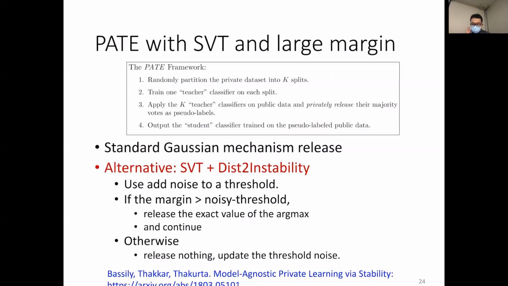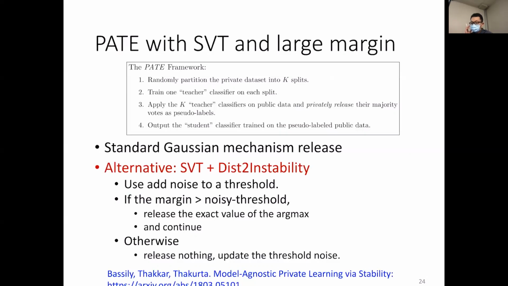The second algorithm that I'm going to go over in a little more detail is PATE. We talked about PATE a little bit. This is the so-called Private Aggregation of Teacher Ensembles, and the key idea is that we want to partition the private dataset into k disjoint parts and train one classifier on each split.